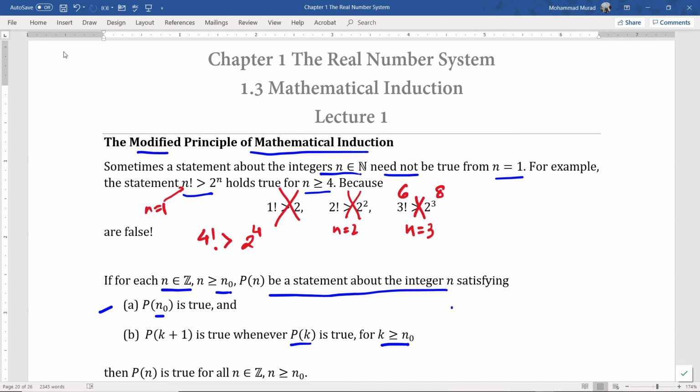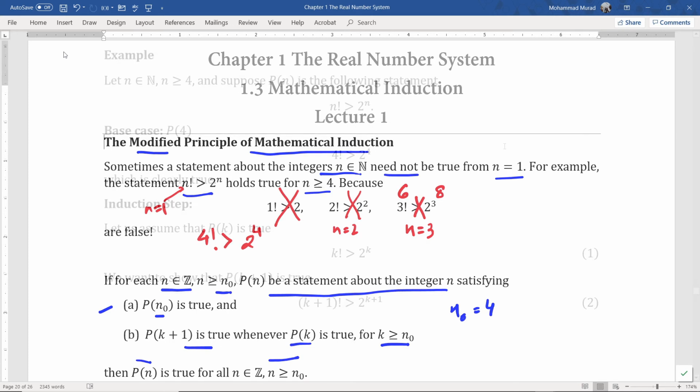For example, we can consider here n sub 0 is 4, and we are talking about in statement A that P at 4 is true, and in B, P at k plus 1 is true whenever P at k is true for all k larger than or equal to 4. And the principle says that P of n is true for all value of n larger or equal to n sub 0.